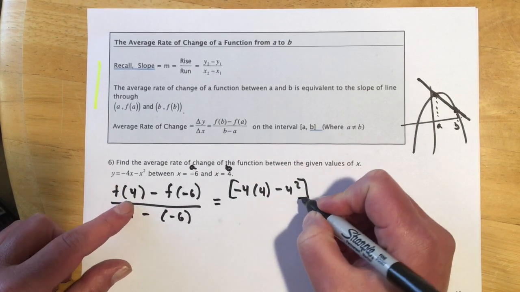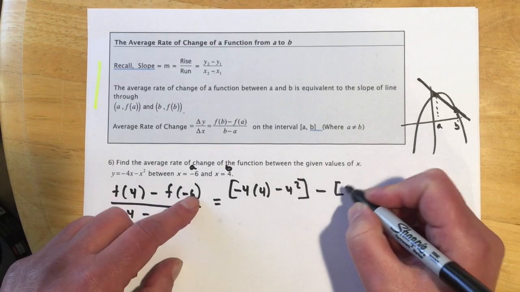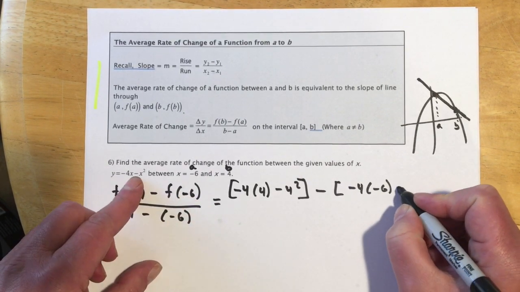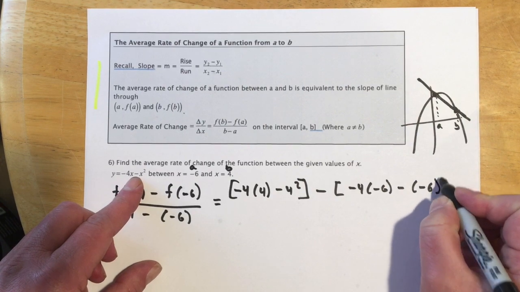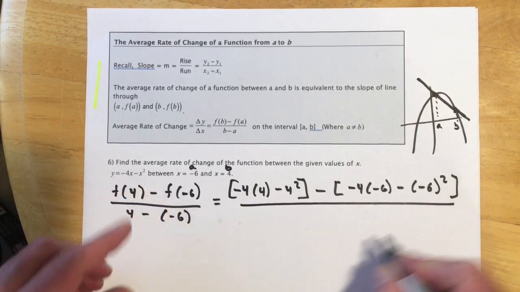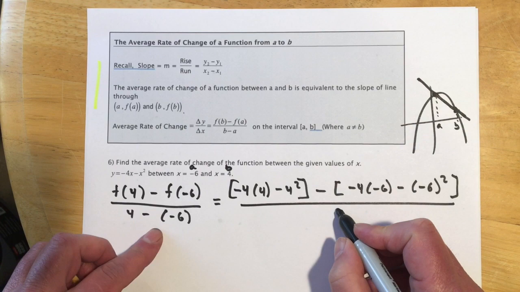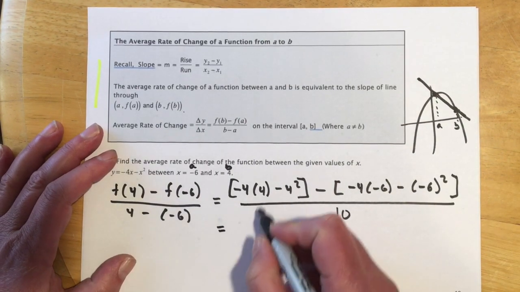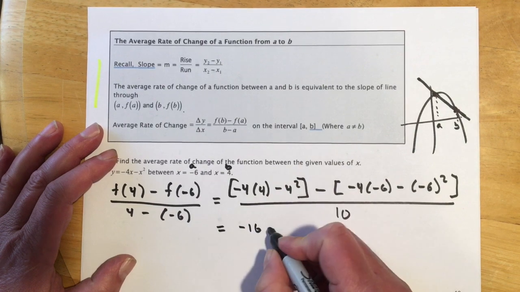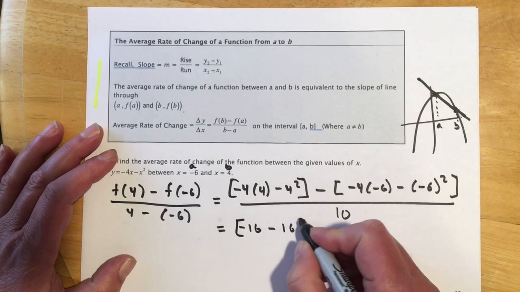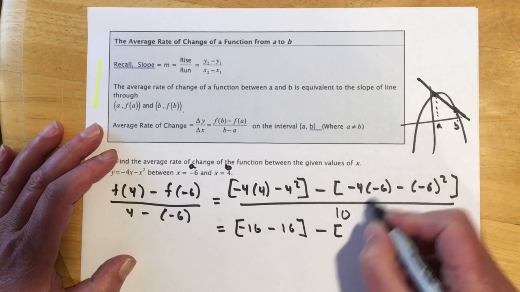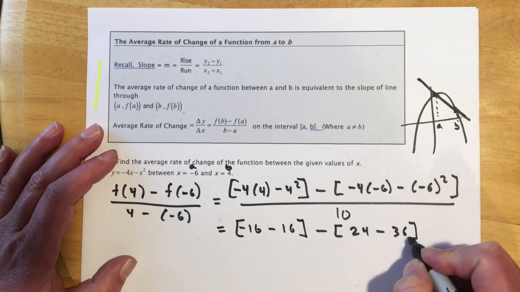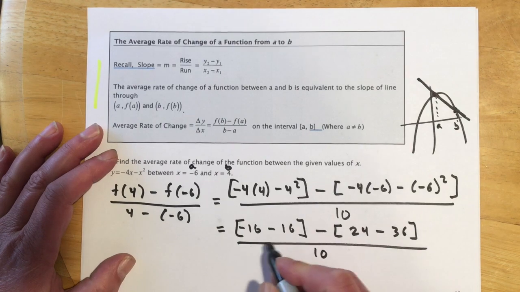So that's f of 4 minus f of -6 will be -4 times -6 minus -6 squared, all over 10. And I just have to try to clean this up and not make a sign error. So that's -16 minus 16 minus, that'll be 24 minus 36 over 10.